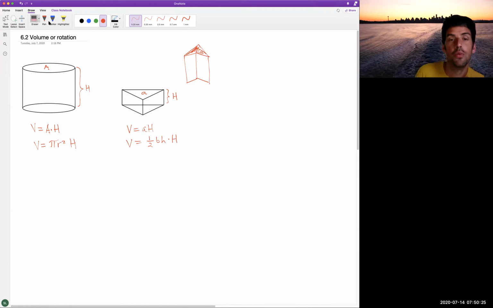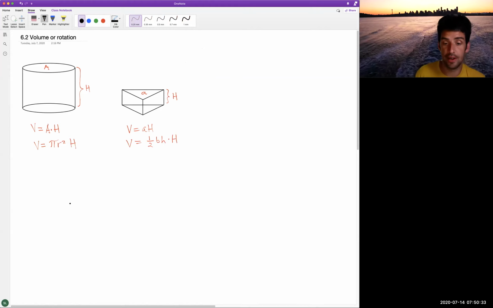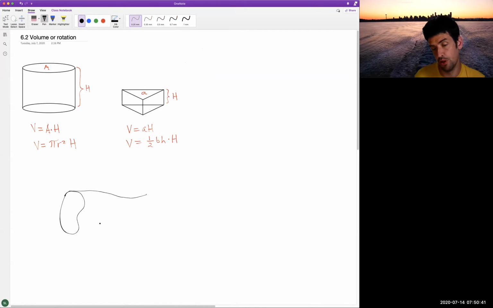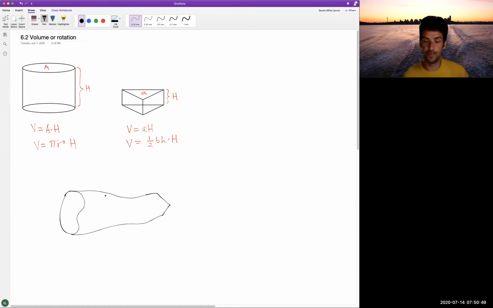However, what happens if the area is not the same on the top and the bottom? It is changing. So suppose I have something, there's my shape, but as we move along, so I'm orienting it horizontally now, right? The shape changes, right?